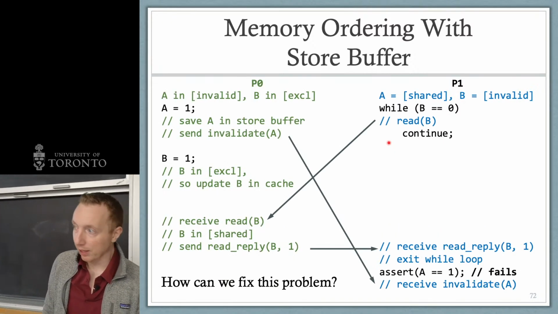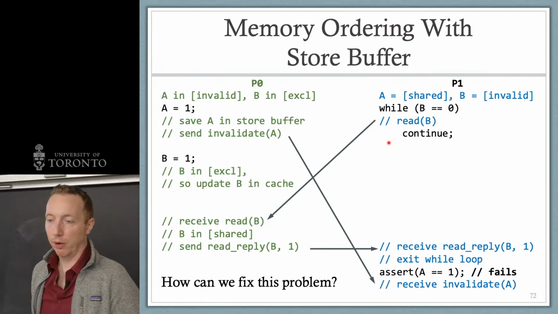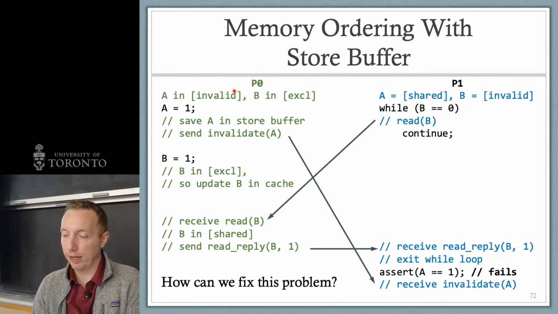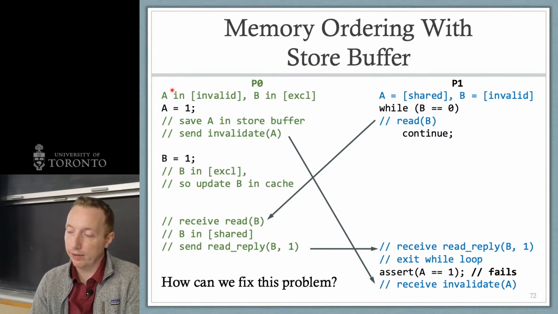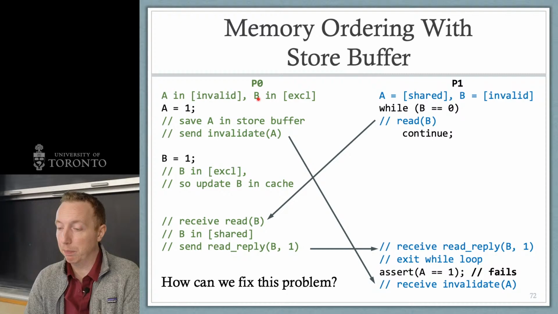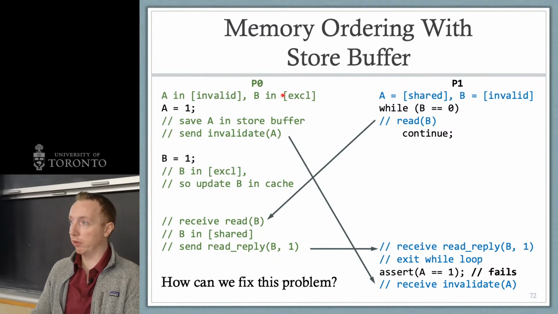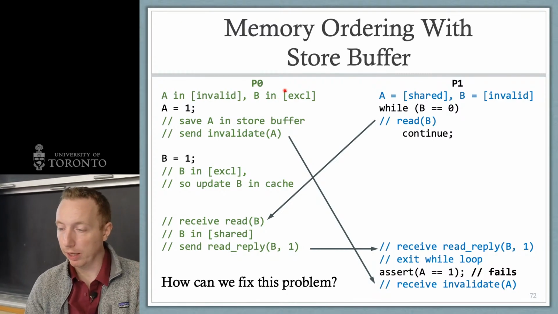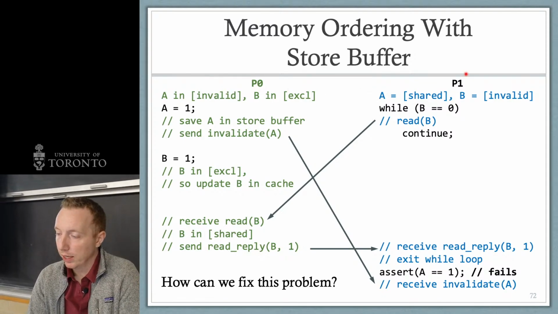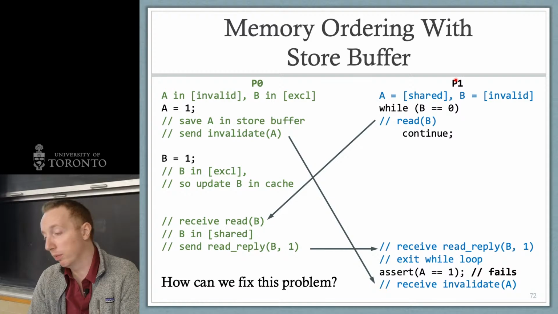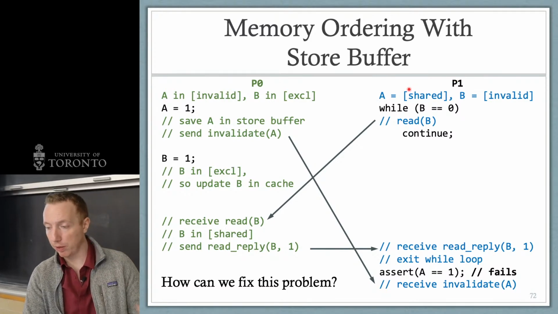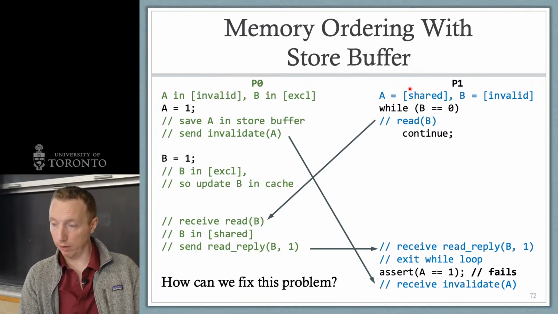So for that assert to fail, what may happen is you may be in the state where A is in P1's cache, it is invalid, and then B is not modified, but it is in this exclusive state, so the current value of B is 0. And then initially in P1, A is shared, so it was shared previously. It has the value of 0.